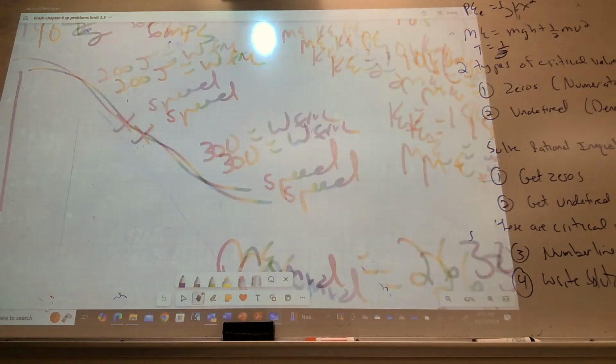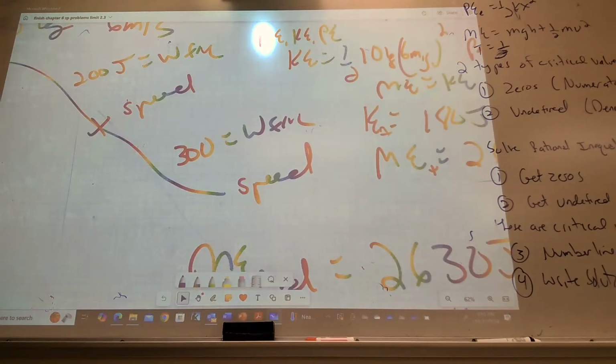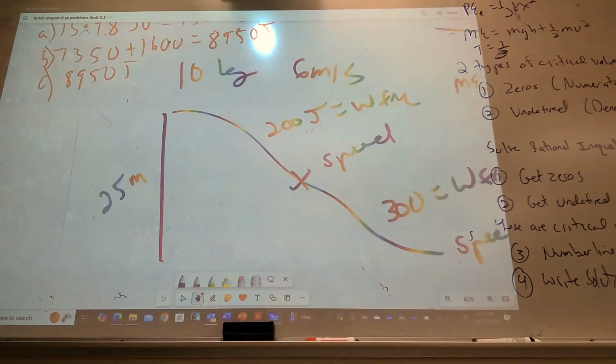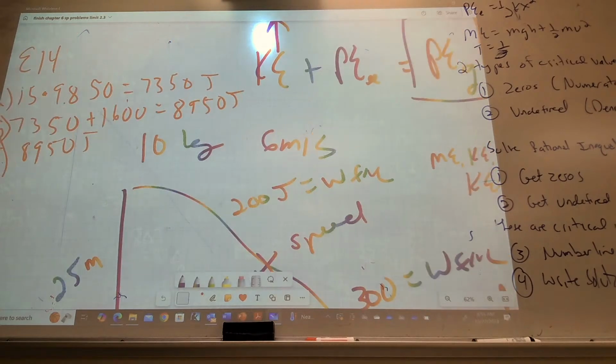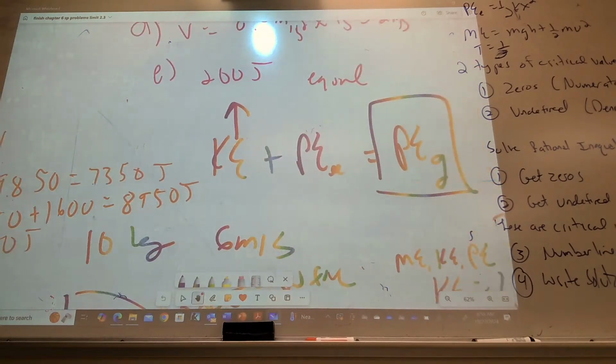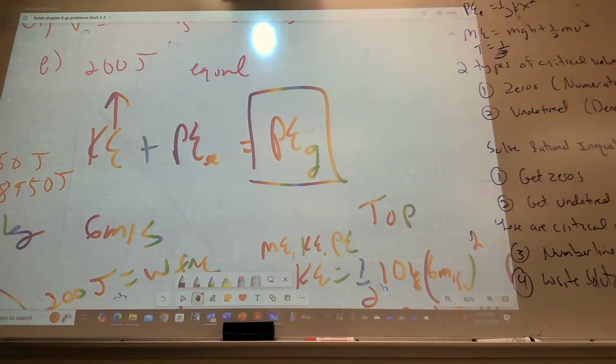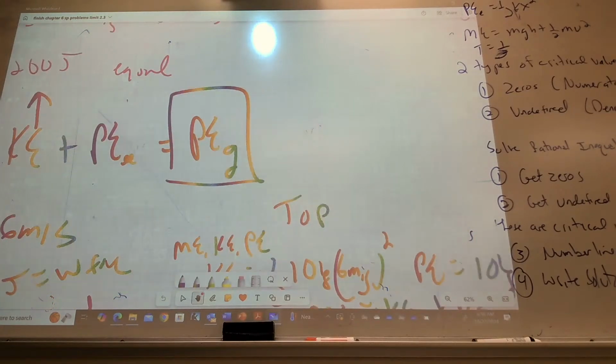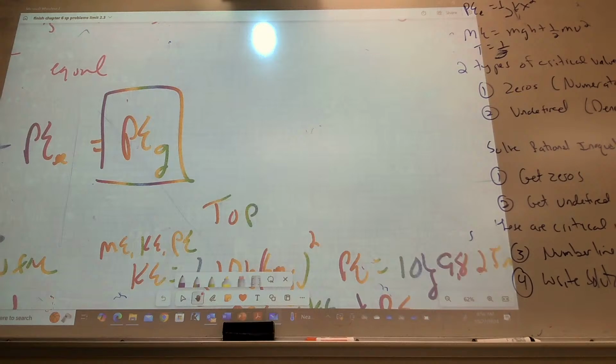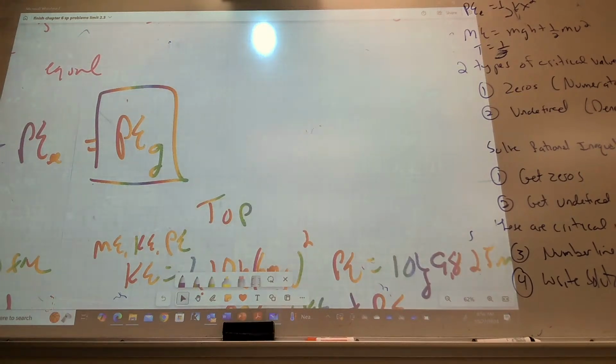So at the top, your mechanical energy is the sum of one half 10 times 6 squared and 10 kilograms times 9.8 times 25.